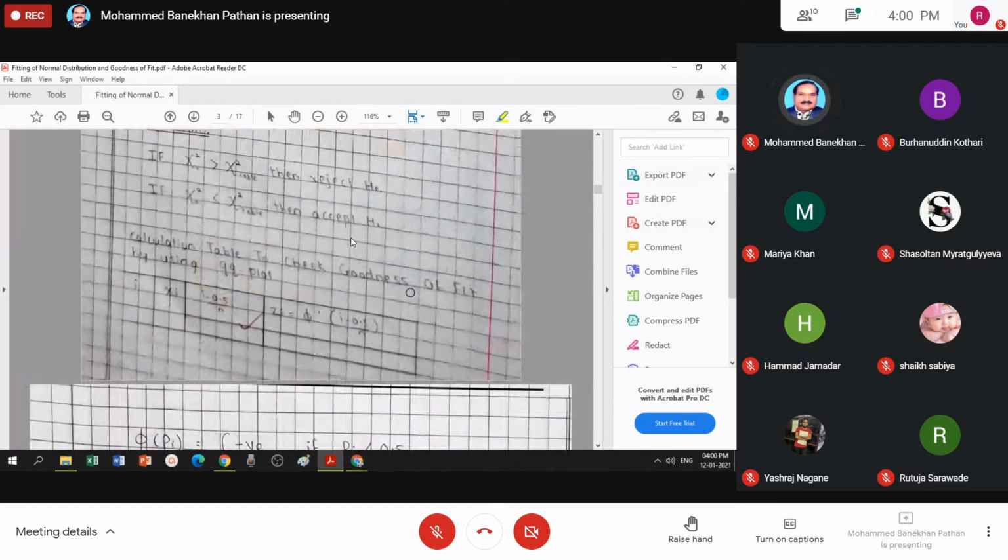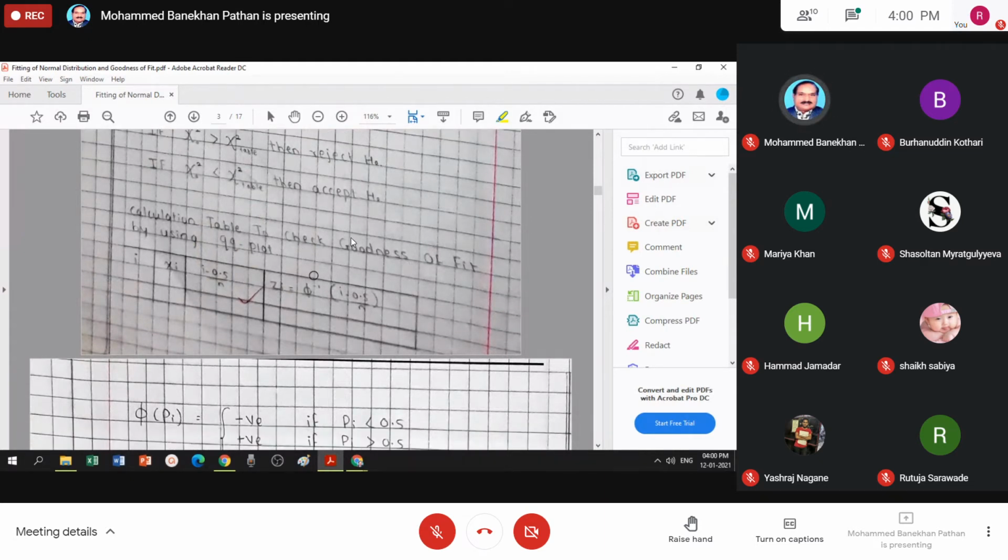Now you have a third way of checking goodness of fit, that is called QQ plot. How to do that? Column number 1 is i, a sequence. Suppose data has 7 classes, so i will be 1, 2, 3 up to 7. Then the value of xi, that is the midpoint of the given classes.